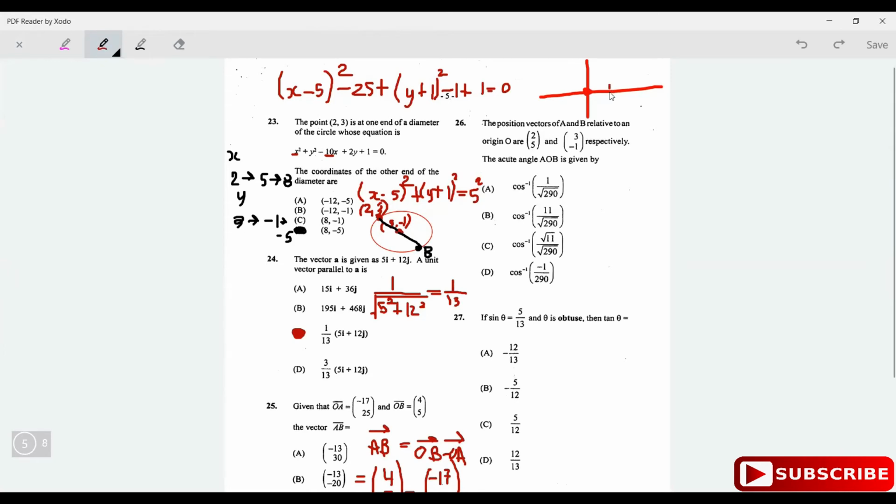That means x is 2, y is 5. Let's put 5 here. So right here would be vector A, and this would be vector OA from the origin to A. Vector B is 3, minus 1. So let's put 3 right here and minus 1 right here. This would be vector B, and this is vector OB.